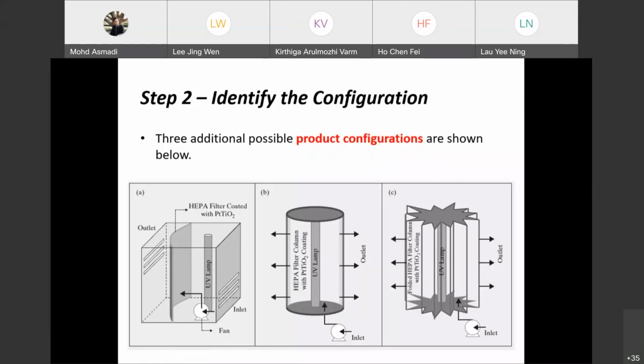So if you look here, for this one they have a HEPA filter, UV lamps, and then a fan here, a fan or like a pump. This is the inlet, and this is the outlet. The UV lamp is curved, and you place it within the coated filter.